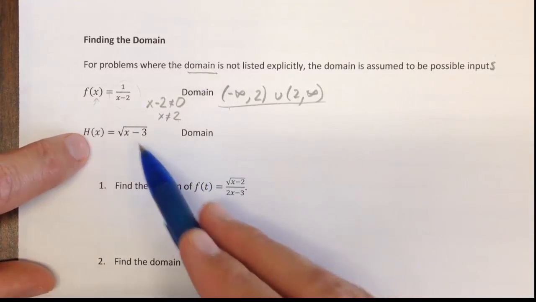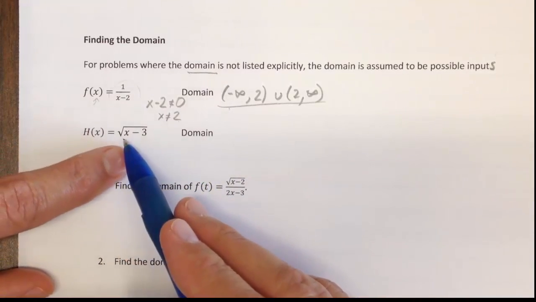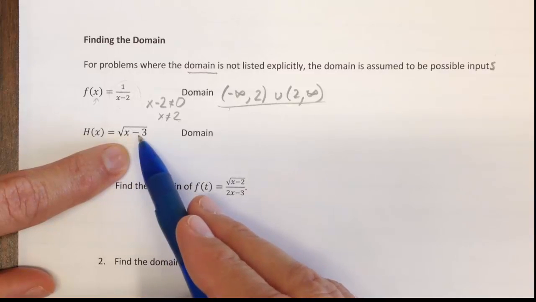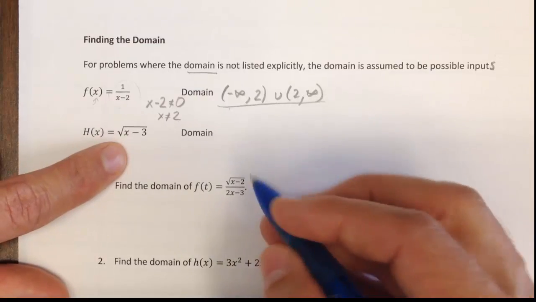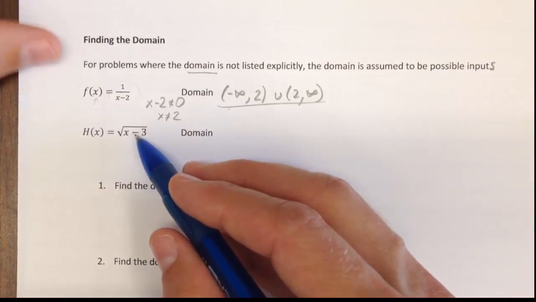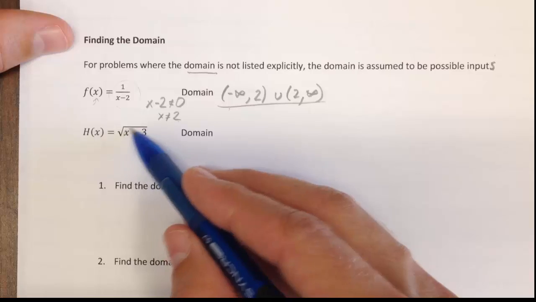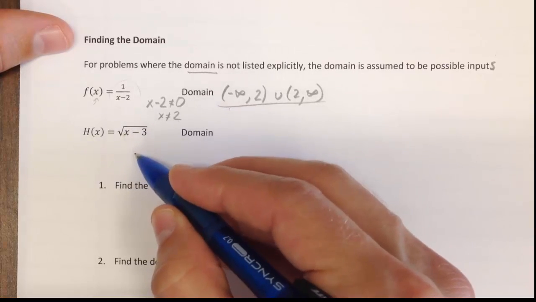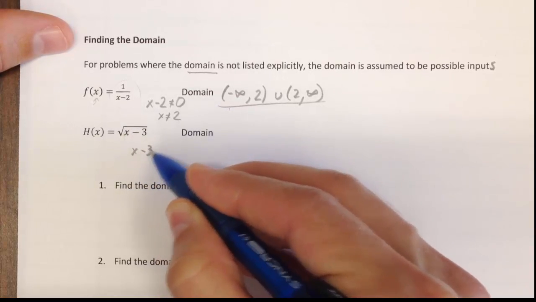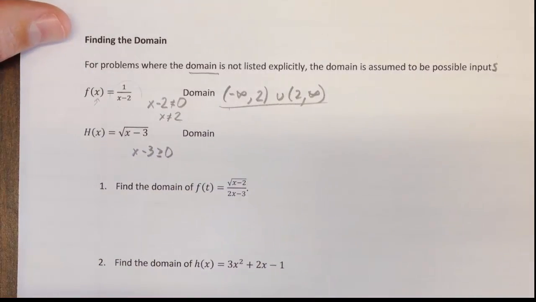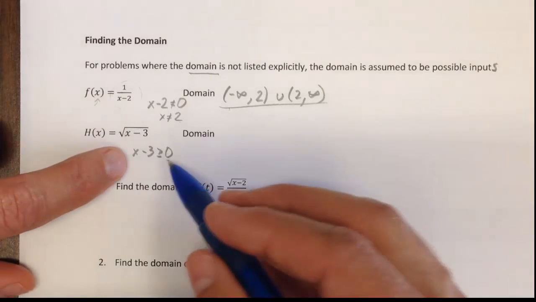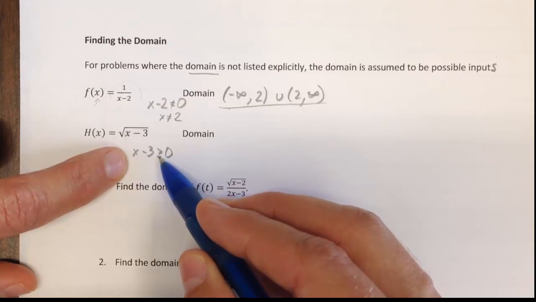Another example here is h of x equals the square root of x minus 3. These are sort of the big two examples. Well, notice to get out a real number, this piece inside a square root has to be greater than or equal to 0. You can take the square root of 0. Remember, the square root of 0 is 0 because 0 squared is 0. So this is greater than or equal to 0.